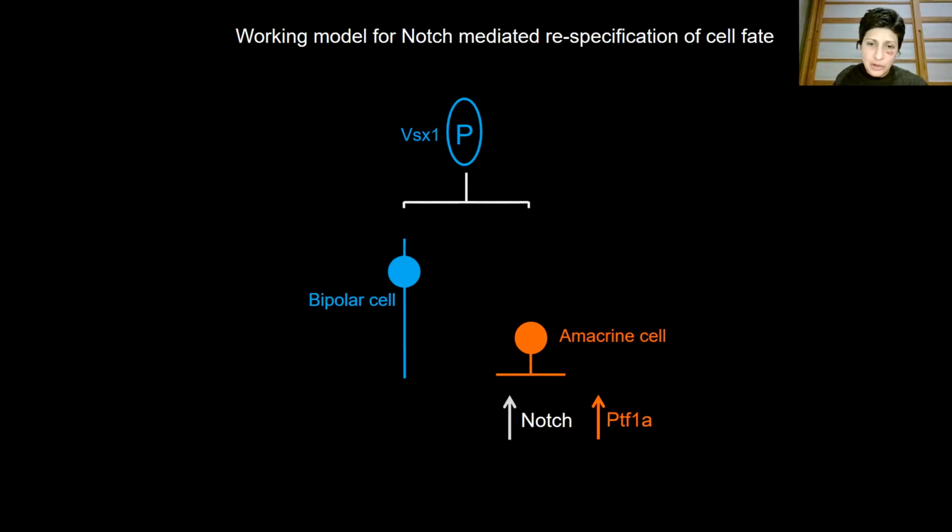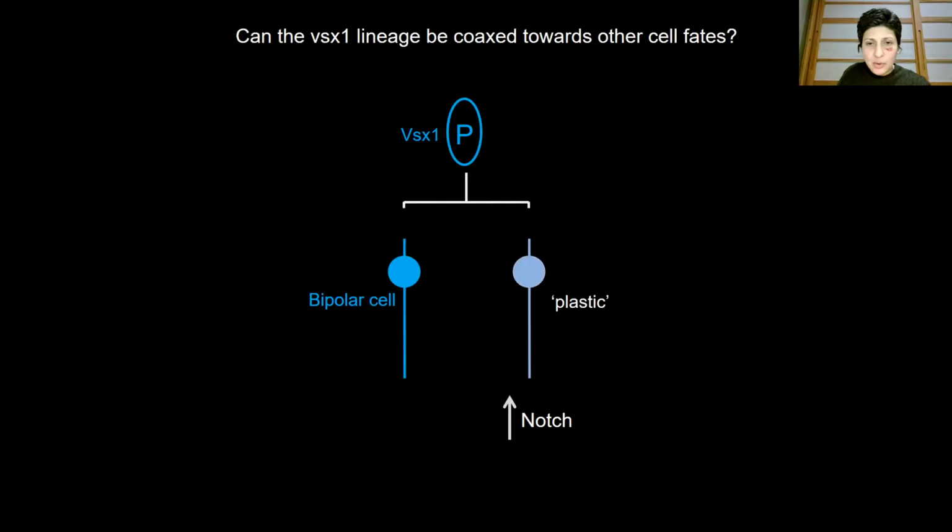So if our prediction that notch signaling is causing plasticity in the post-mitotic nascent cell is correct, then we decided to test this hypothesis essentially by doing the following crazy experiment: overexpressing notch using our NICD transgenic line, obliterating PTF1A using a morpholino, and overexpressing another transcription factor to drive a completely different cell fate.